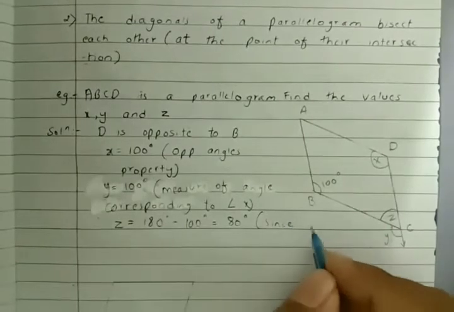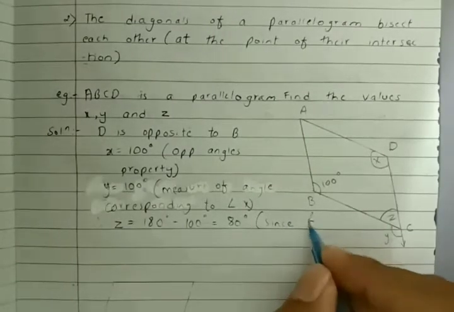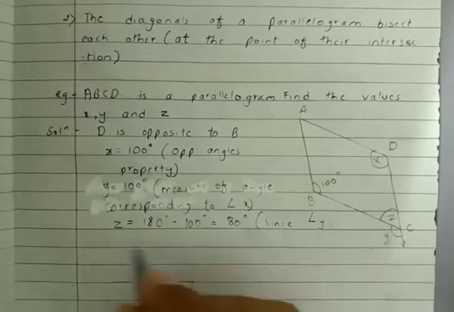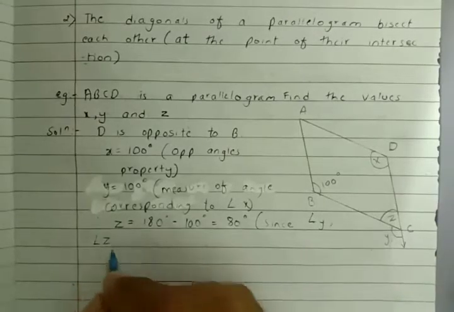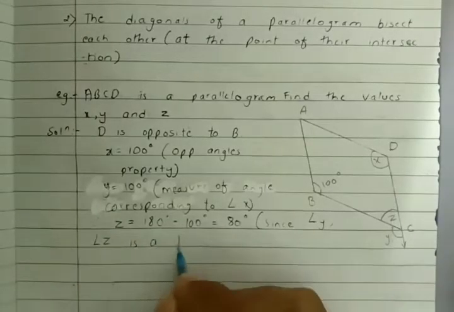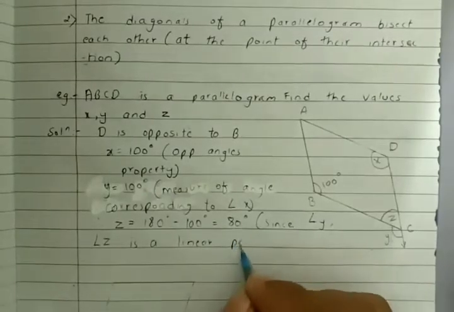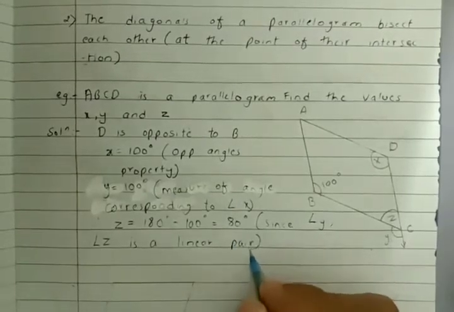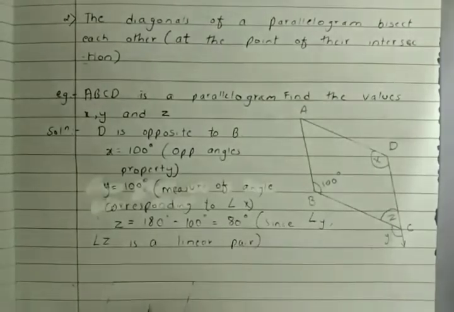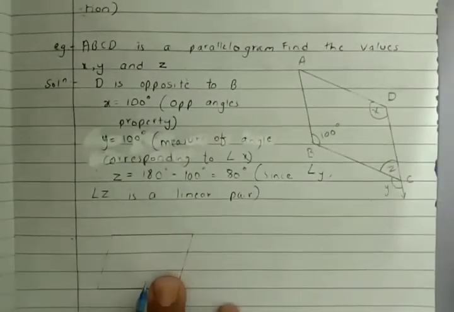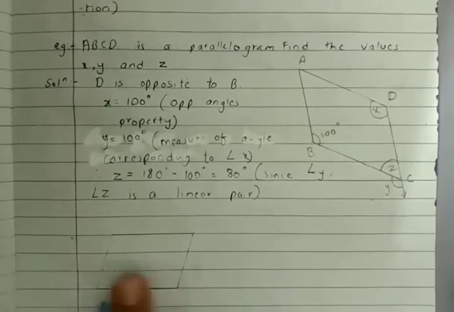Since angle y, angle z is a linear pair. Now we will solve this.